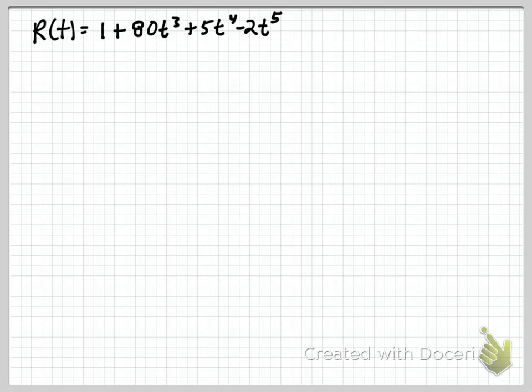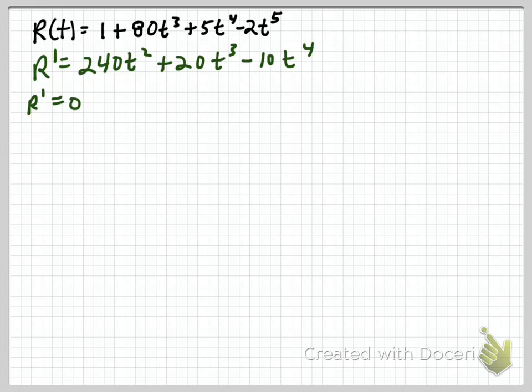Okay? And time back in, r prime, I'll do this one in green, r prime is equal to 240 t squared plus 20 t to the third minus 10 t to the fourth. R prime is equal to 0 when? Well, I'm going to also factor out a 10t squared while I'm doing this.